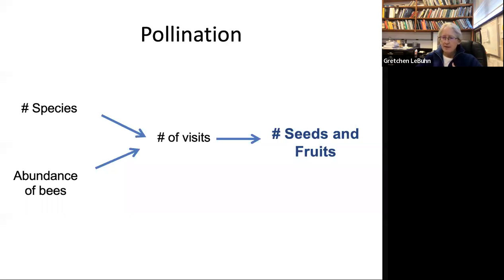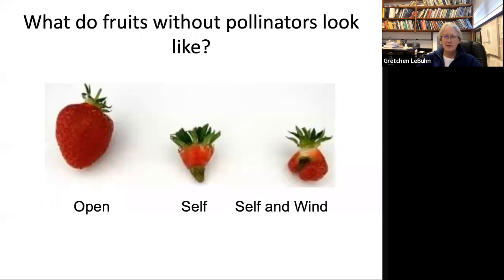Well, when we don't have pollinators in the system, we see some really big changes in the number of seeds and fruits. For any of you who have grown strawberries, you might end up from time to time with strawberries that look like these two on the right. This is what strawberries look like when they don't get a visit by pollinators.